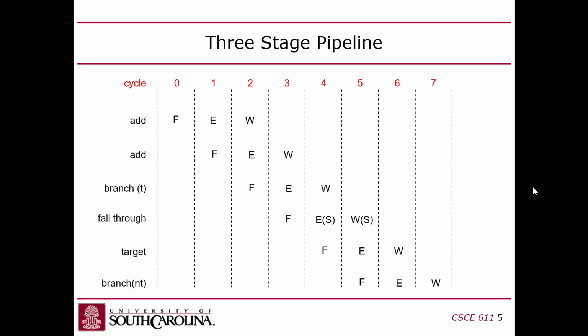But if you take the branch, and that's what this T stands for here, then we have to change the program counter. We have to update the program counter while the branch instruction is in the execute stage.